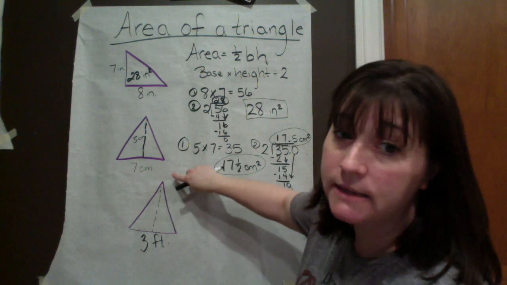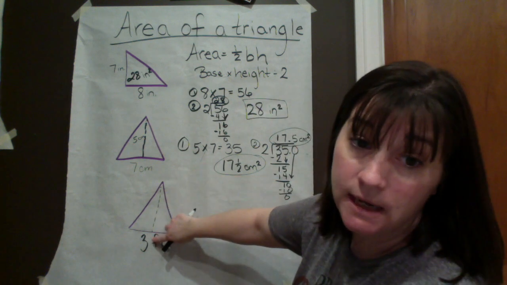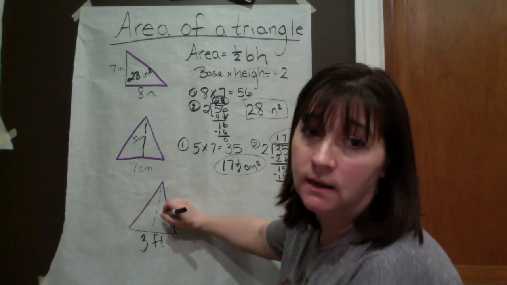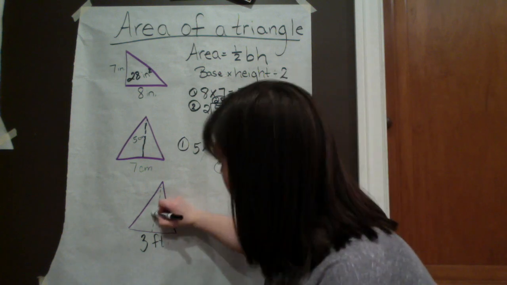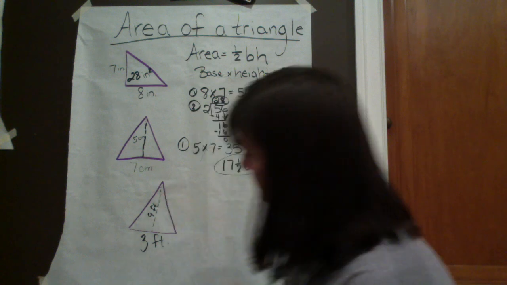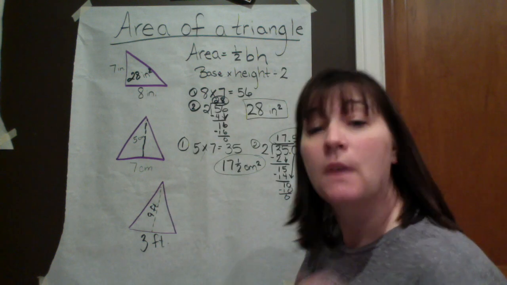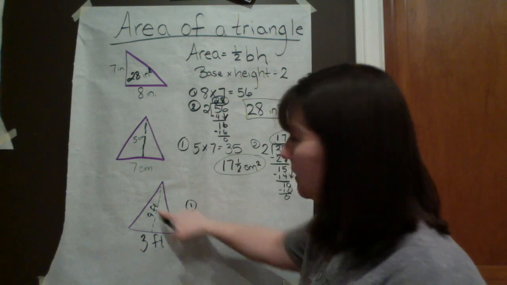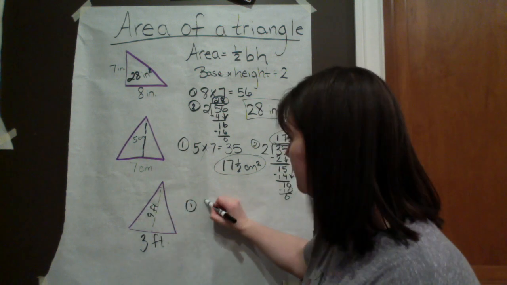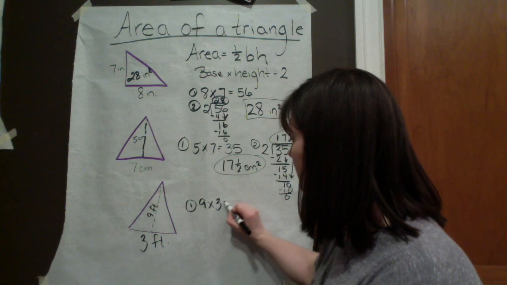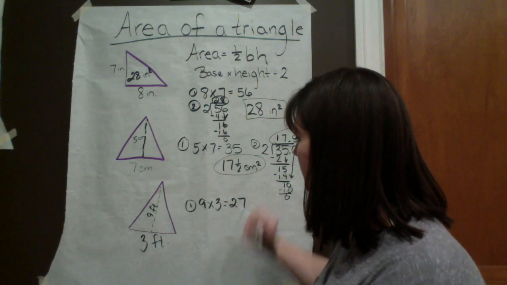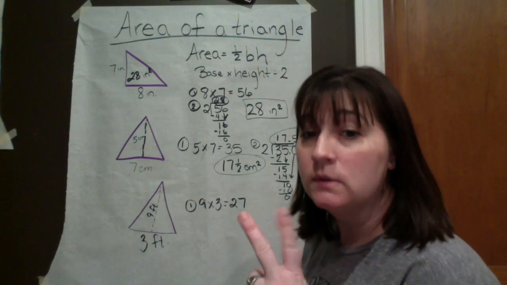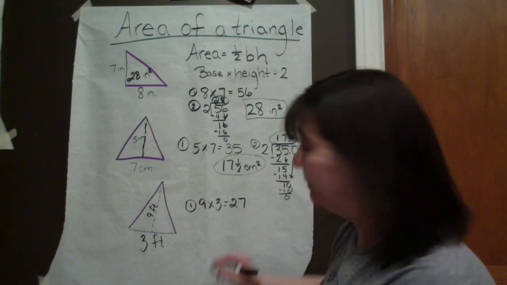And so our height goes from the tip down to the base. Okay, and let's make this one 9 feet. So, step 1, base times height. 9 times 3. So that's 27. Now, step 2, divide that answer by 2.